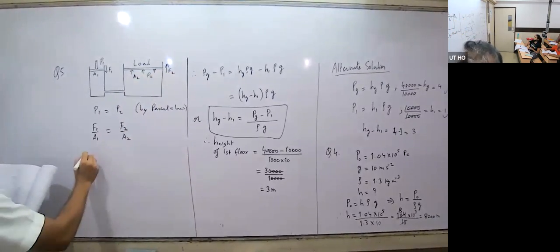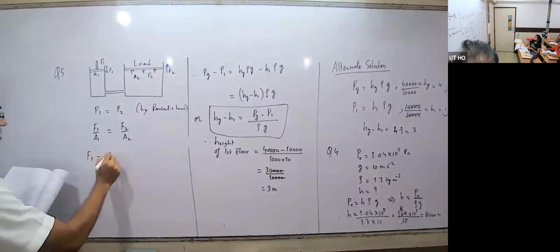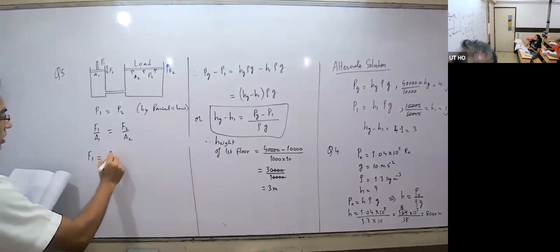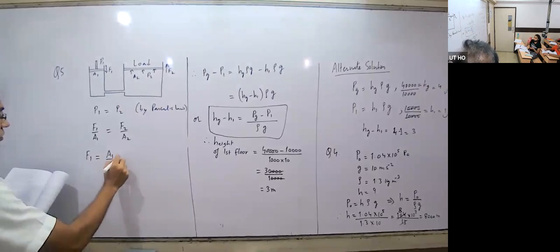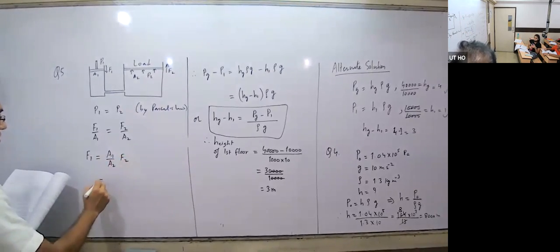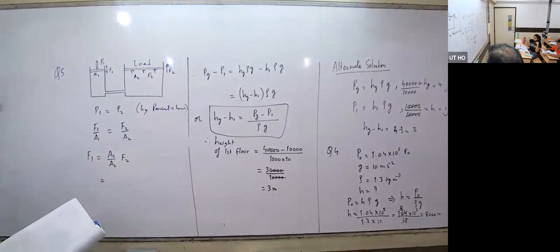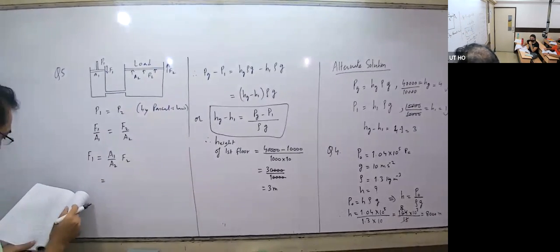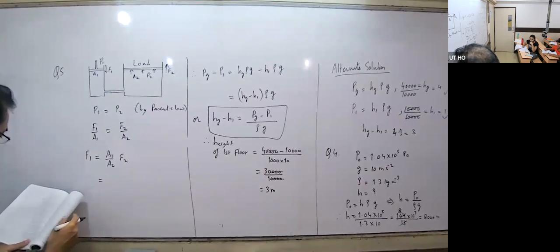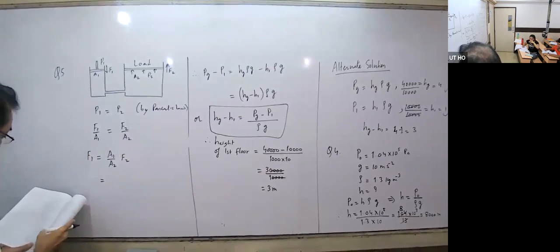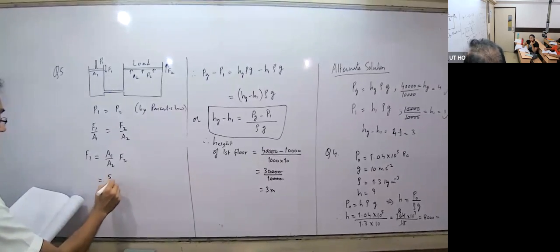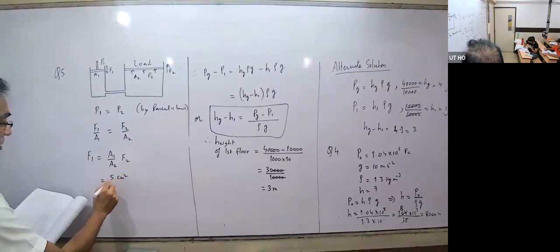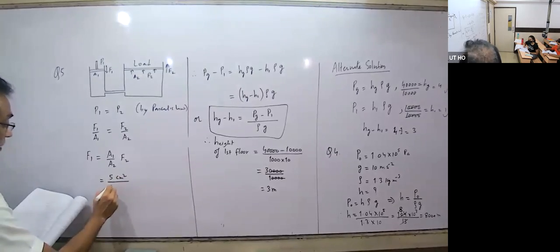You have to find force on the smaller piston, which is A1 by A2 times F2. Now substitute. The areas given in this question: on the smaller one you have 5 centimeters square, and then you have 625.